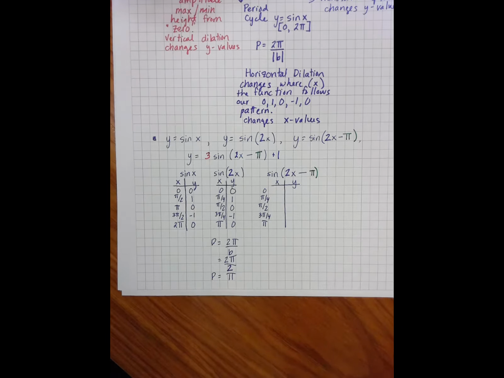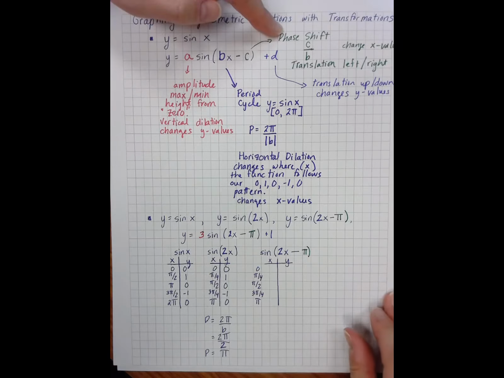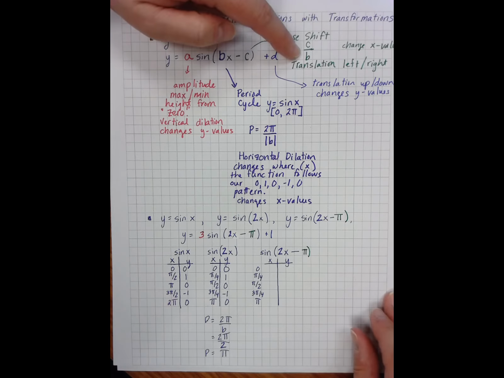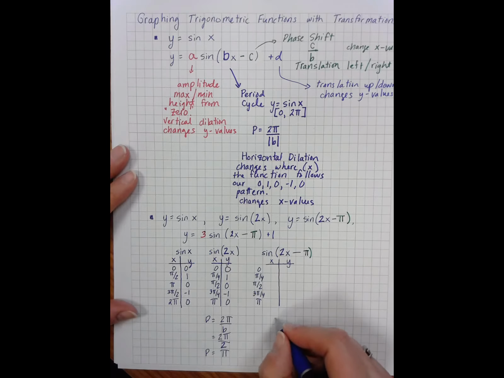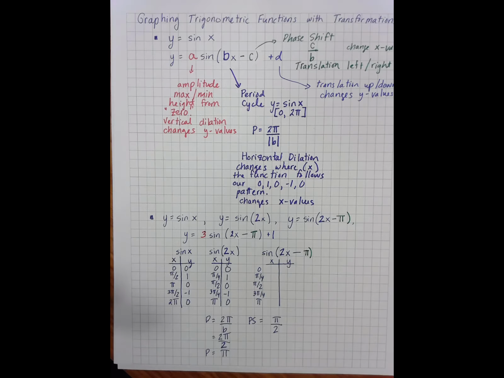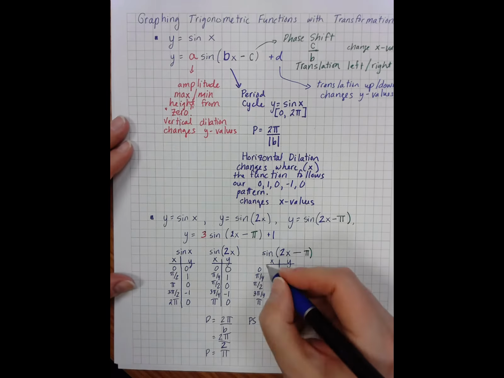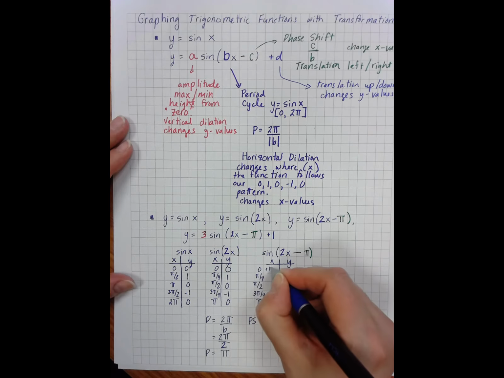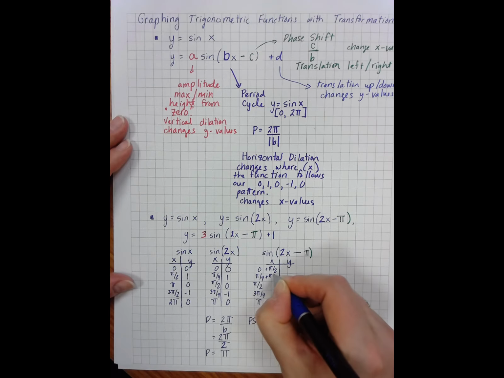But the c does a phase shift. So for the phase shift, I have to look at the c over b, which means that I have to move to the right pi over 2. So basically, I'm adding here pi over 2 to each of these values.